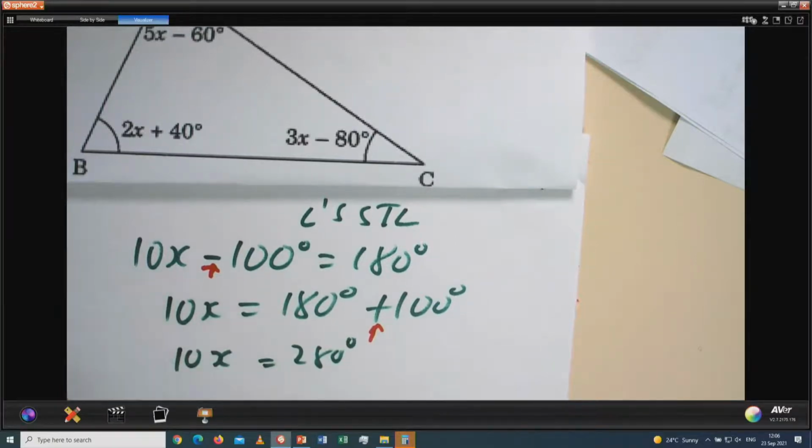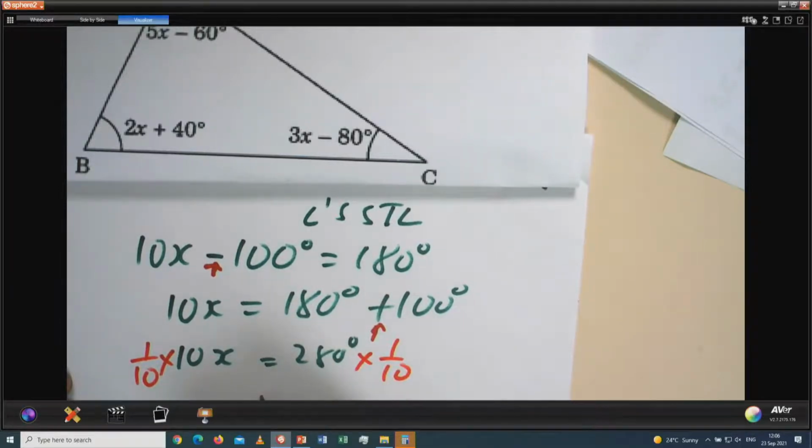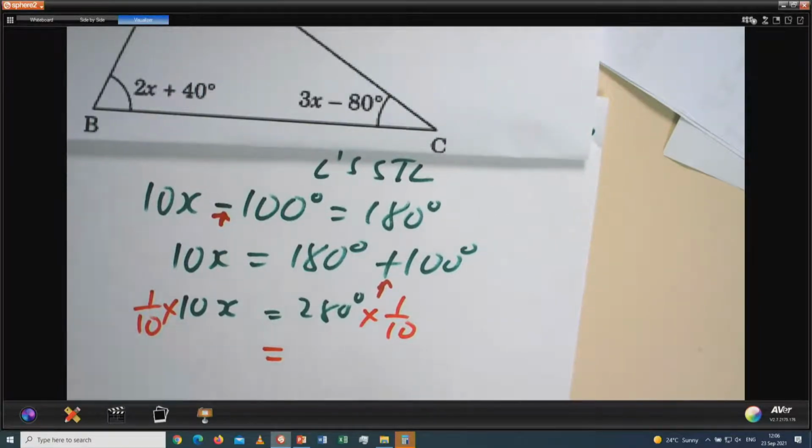Therefore, once more, we want this 10 to be converted to 1. What do we multiply it with? With its inverse. Whatever you do on the left, you do on the right. Fairness. Whatever you do this side, it must also be done that side. Therefore, your x will be 28 degrees.